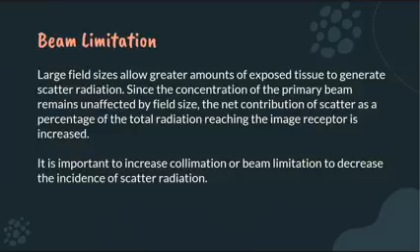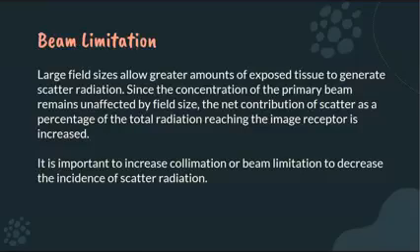So no matter the reason for increasing or decreasing the field size, whenever you increase the field size, it will always result in increased scatter radiation. It is important to increase collimation or beam limitation to decrease the incidence of scatter radiation.